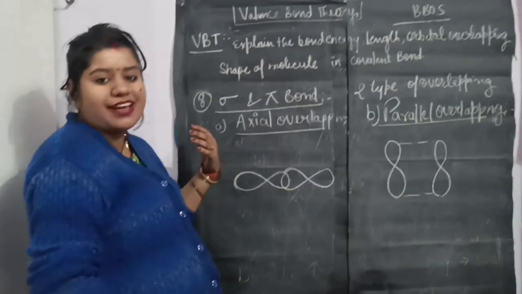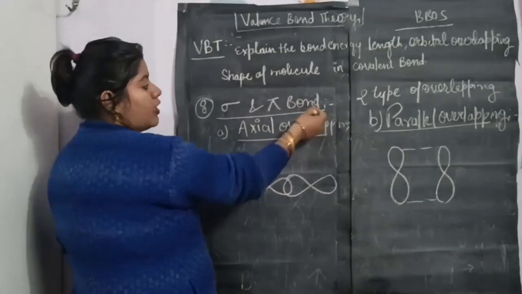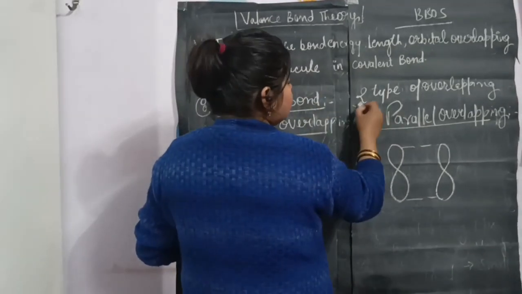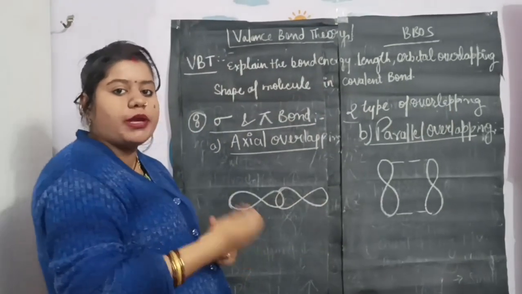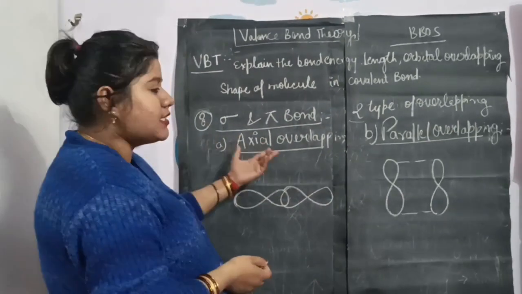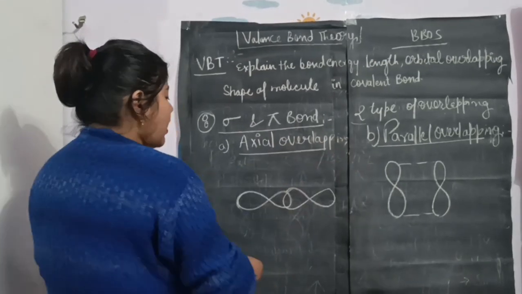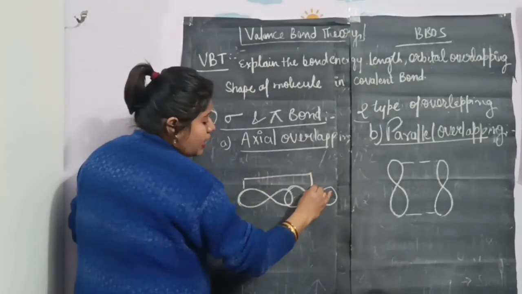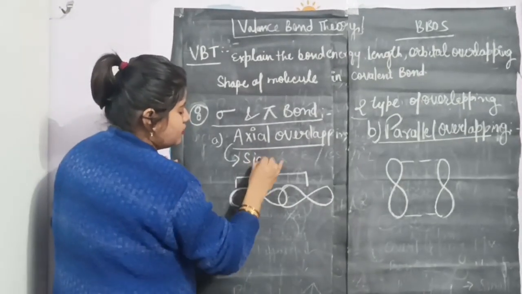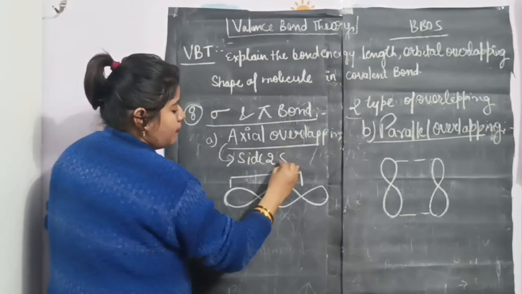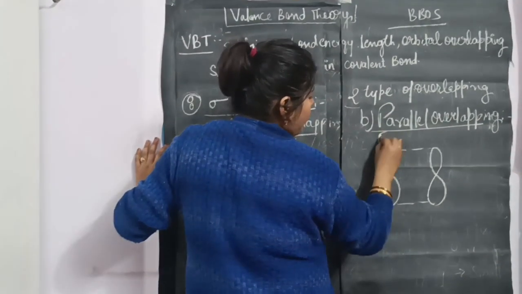The last and the interesting postulate of this theory is sigma and pi bonds. It teaches us that two types of overlapping between the atomic orbitals occur. First is axial overlapping, also called end to end overlapping, and the second is parallel overlapping, also called side to side overlapping.